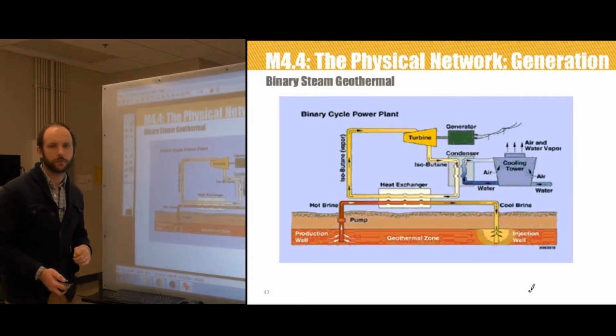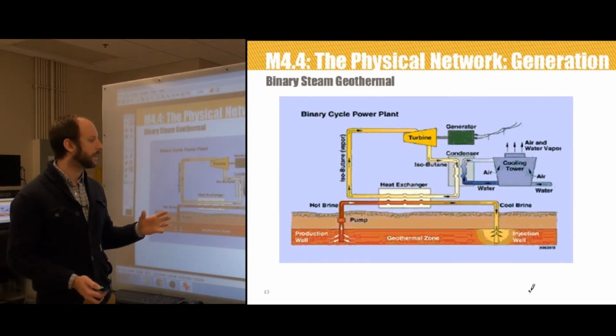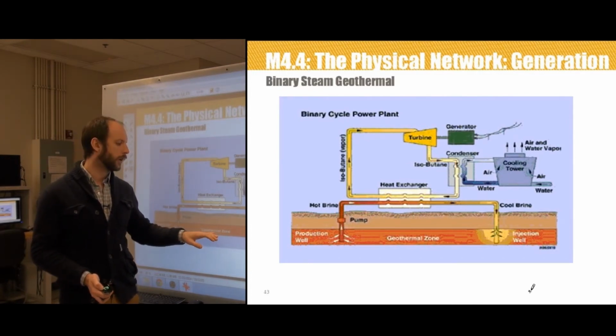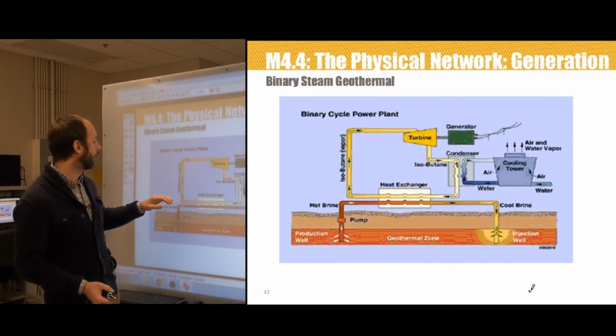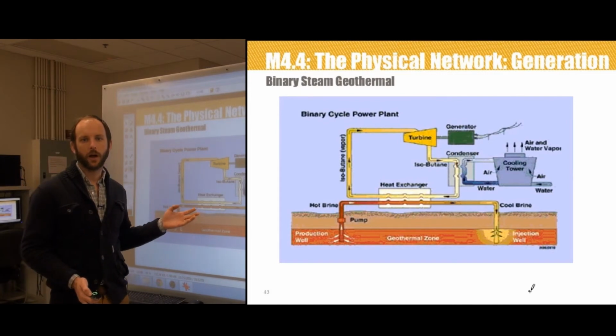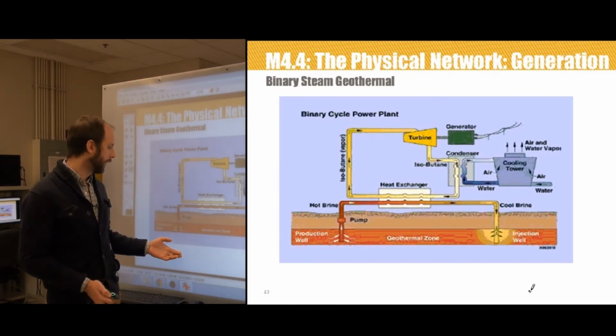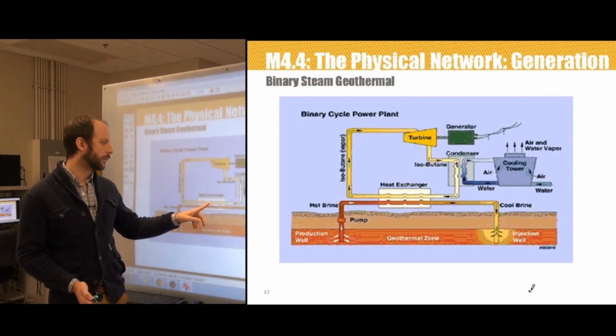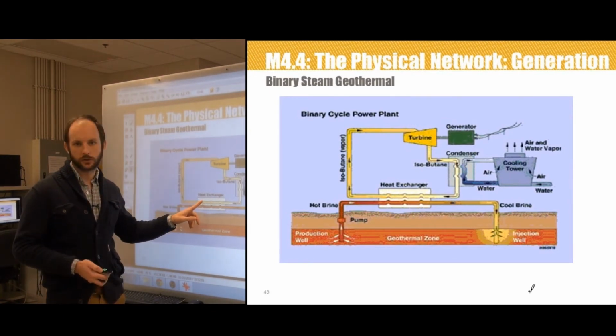The last cycle, the binary cycle power plants, operate on water that has even lower temperatures, 225 to 360 degrees. So, not hot enough for these flash steam geothermal plants. So we've got this hot water. It flows up from wells in the ground, and you can see that we use it in a heat exchanger.